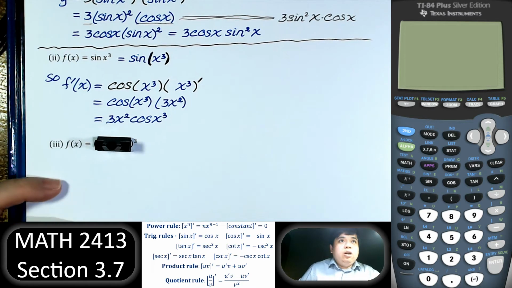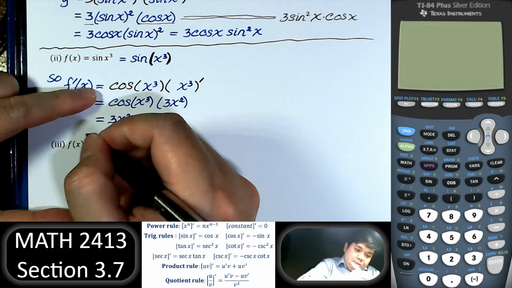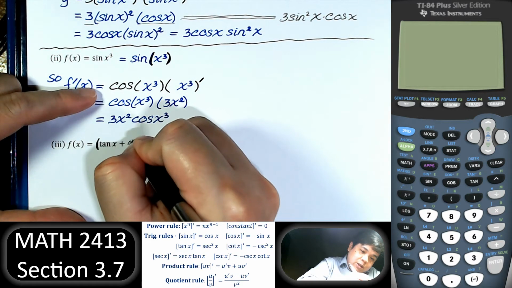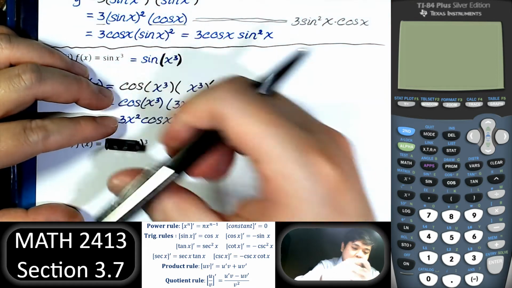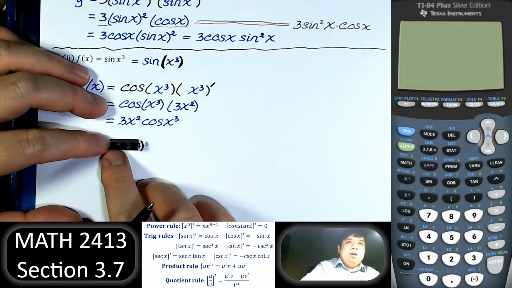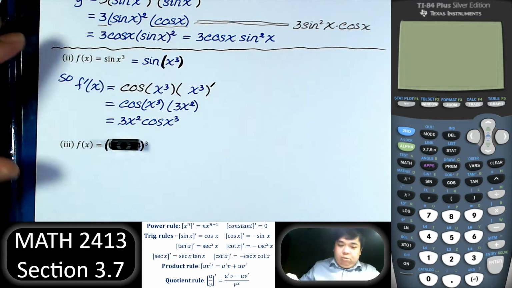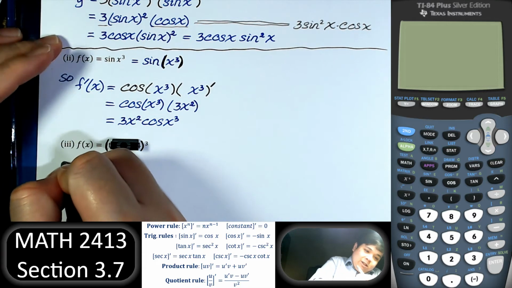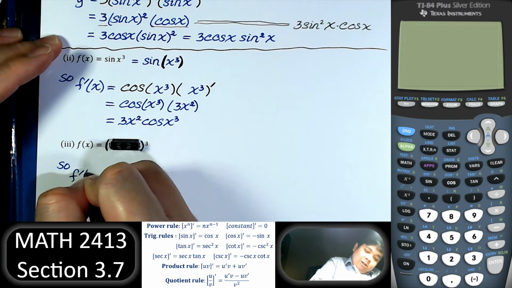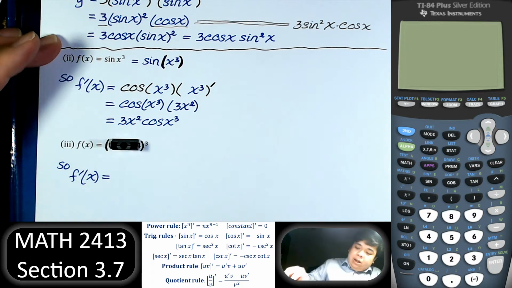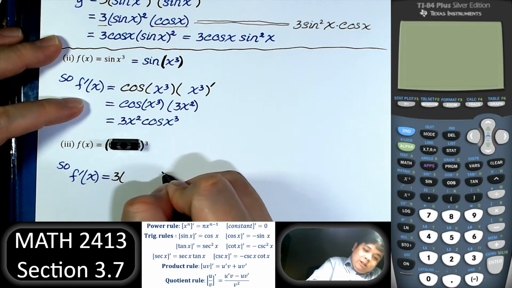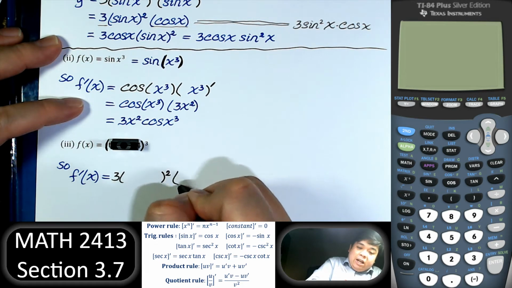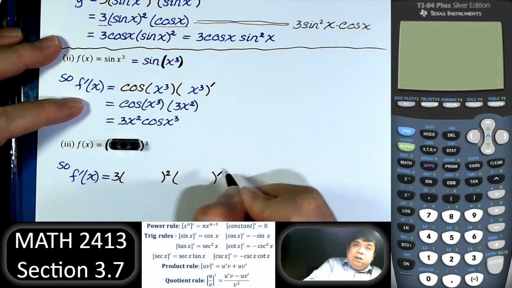Something cubed. The derivative of something cubed is 3 times that to the second power, and then the derivative of the parentheses.